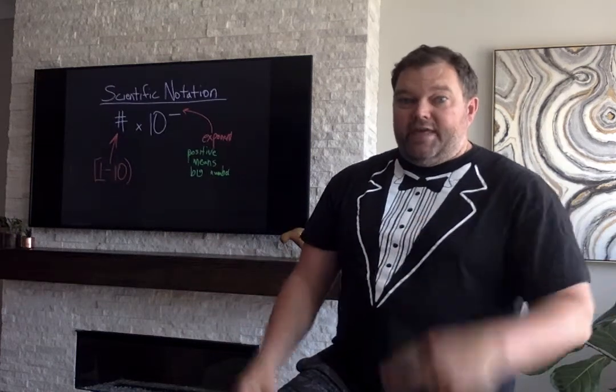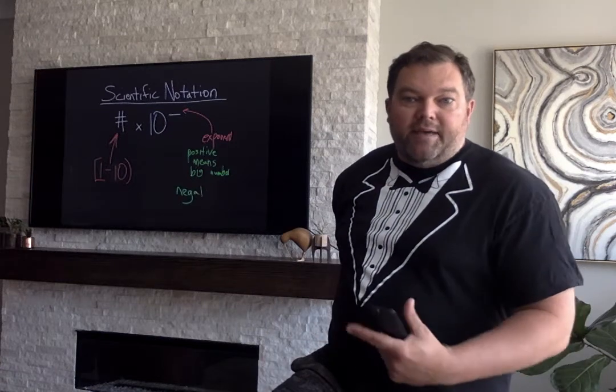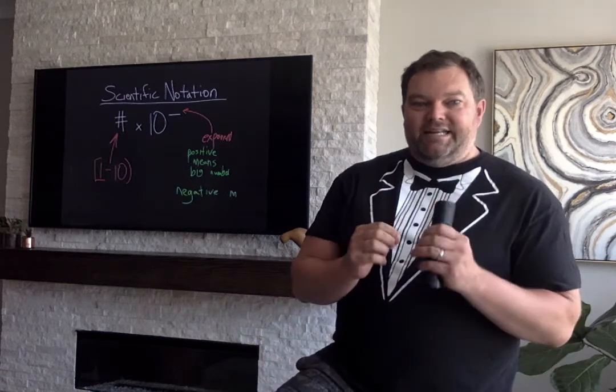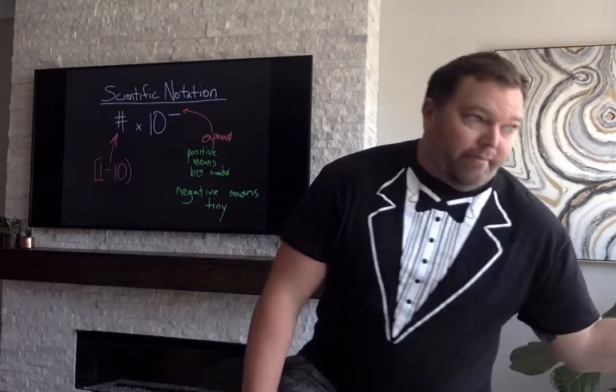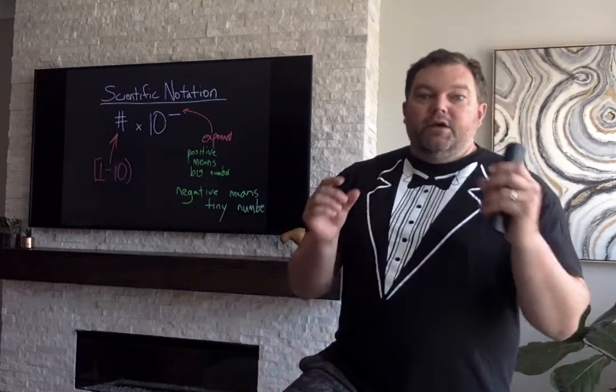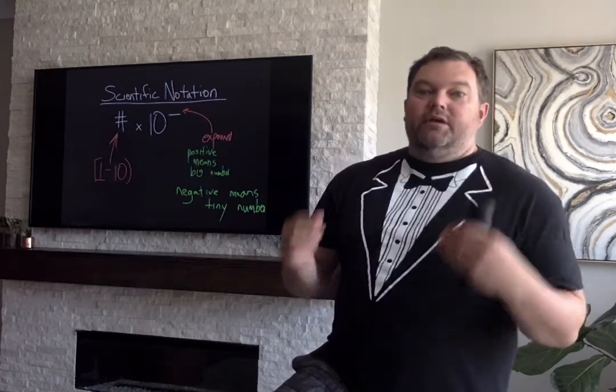On the flip side of that, if that's a negative exponent, then that means that you're talking about a tiny number, 0.000000044 or something. Okay, so if it's a negative exponent, tiny number, positive exponent means you're talking about something very large. So that's the general scientific notation rules.